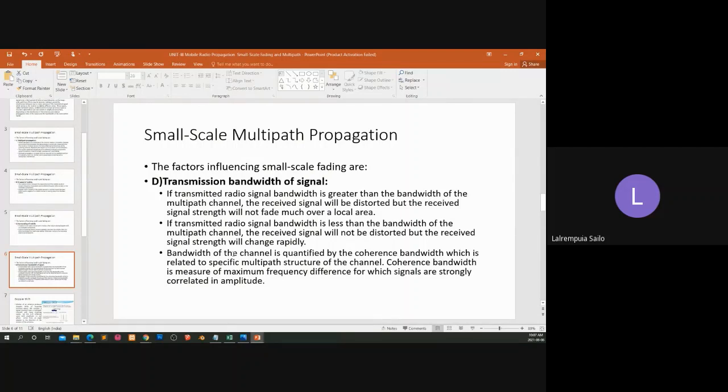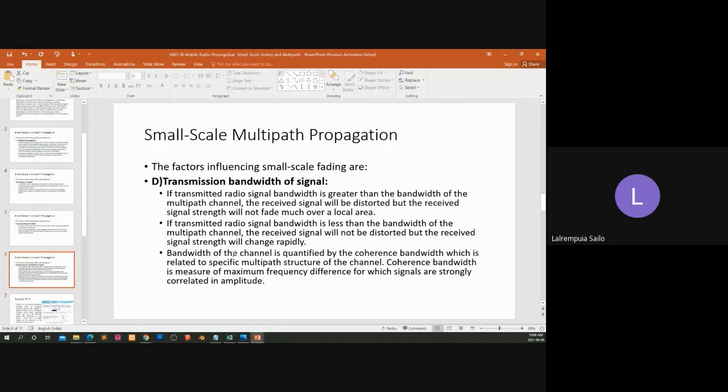If it is greater, the signal will be distorted. The signal is distorted if the signal bandwidth is greater than the bandwidth of the multipath channel, and it will not be distorted if it is less than the bandwidth of the multipath channel.